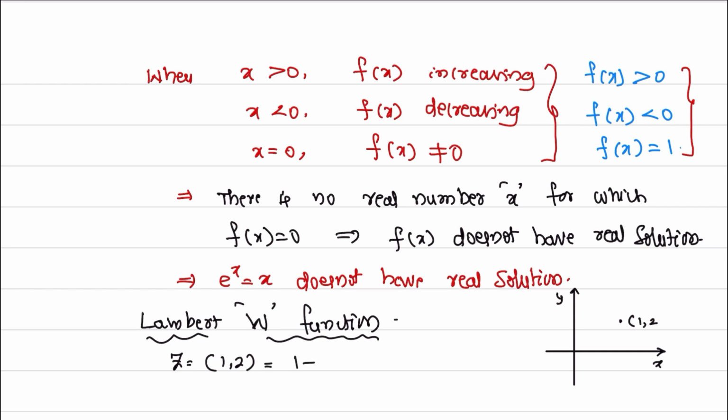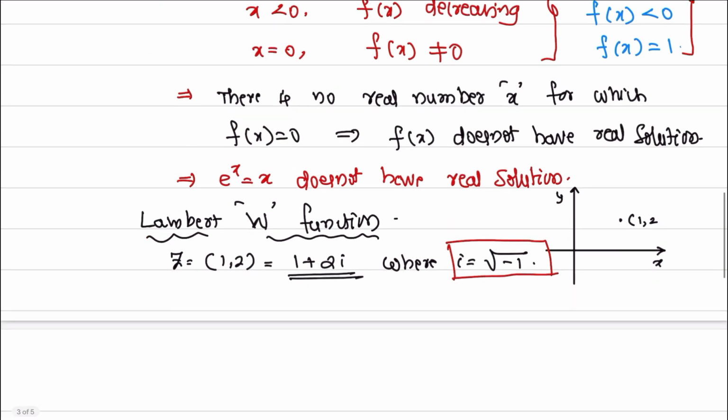This is nothing but 1 plus 2i, where i is equal to square root of minus 1. These complex numbers I will be teaching when we go further. But I will give the final solution which you can try. When I teach complex numbers, I will definitely come back to this and I will give the solution.